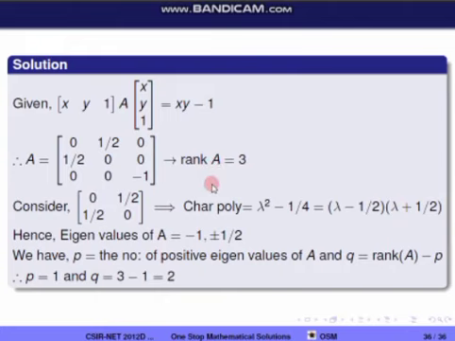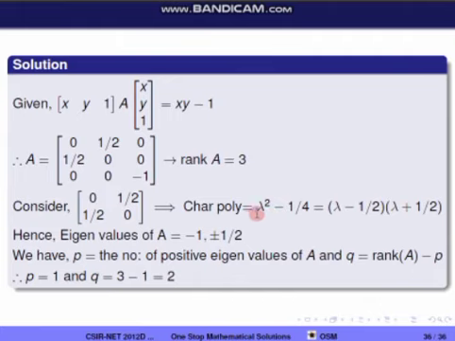To find the eigenvalues, I am splitting it as a block matrix. This is one block and this is another block, and I find their eigenvalues. For this block, the eigenvalue is minus 1. For this block, I am finding it using the characteristic polynomial. The characteristic polynomial of this block is lambda square minus lambda into trace, the trace is 0, so lambda square minus 0 plus determinant, the determinant is minus 1 by 4.